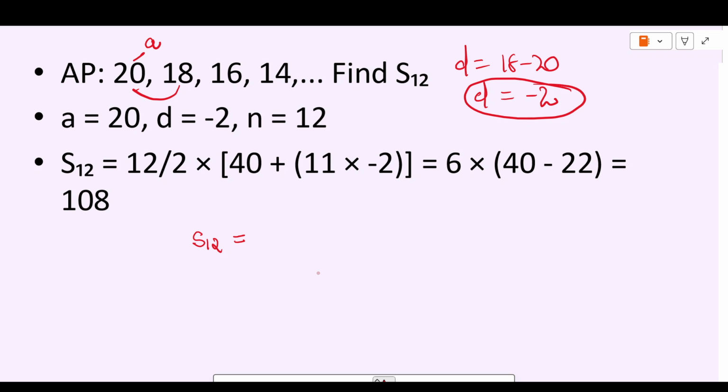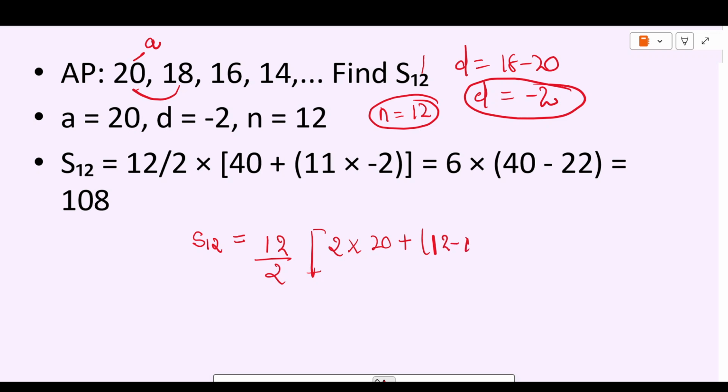And n is 12, because we have to find the sum up to 12 terms. So we write the formula: n by 2, so 12 by 2, 2 into a, which is 20, plus n minus 1, which is 12 minus 1, and d is minus 2.